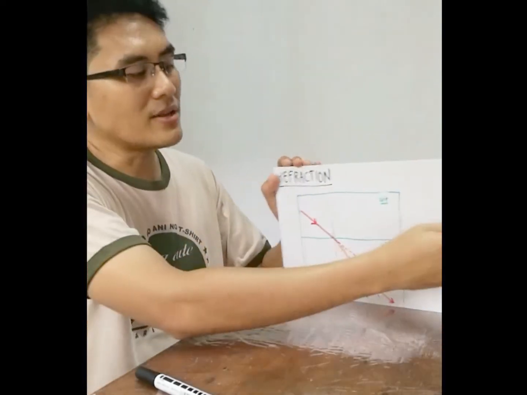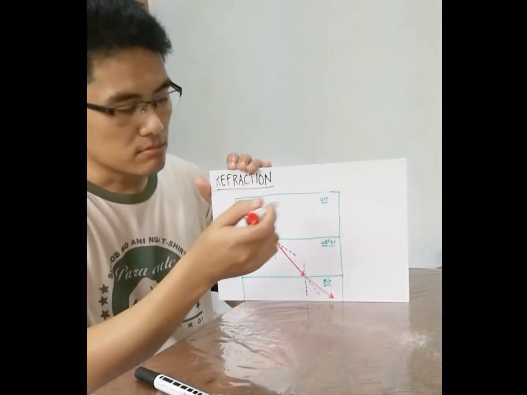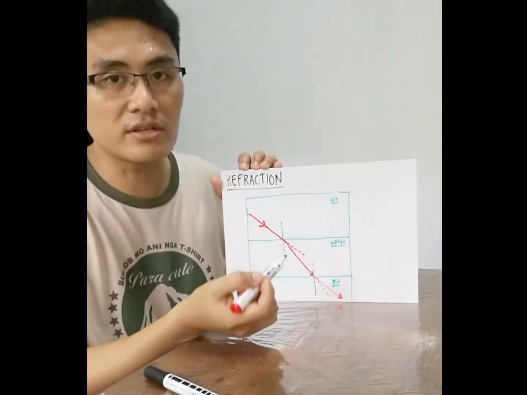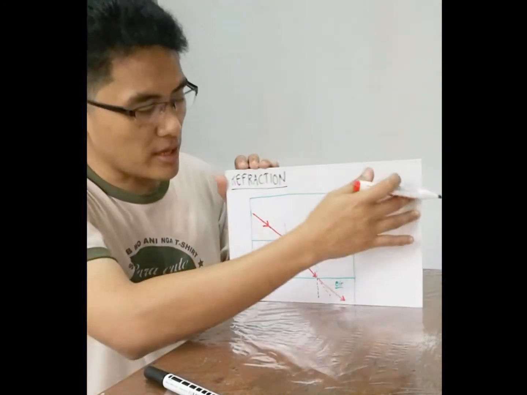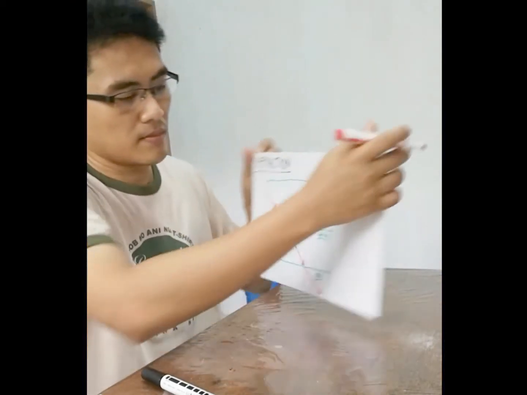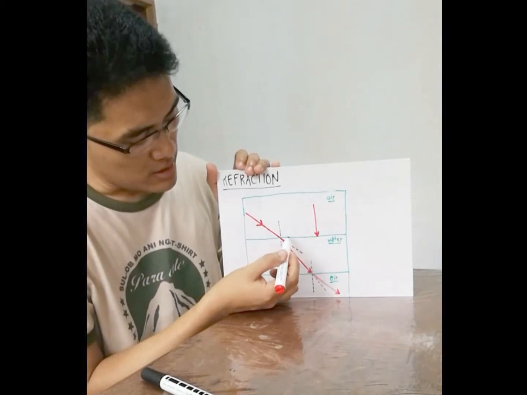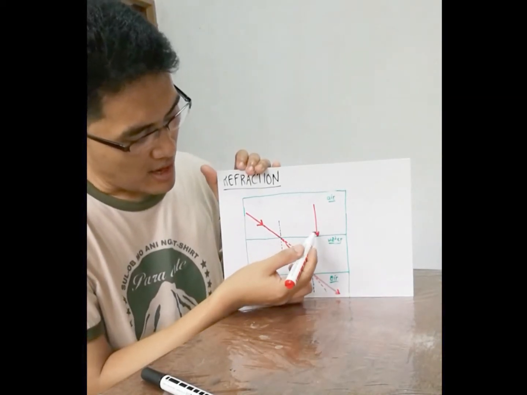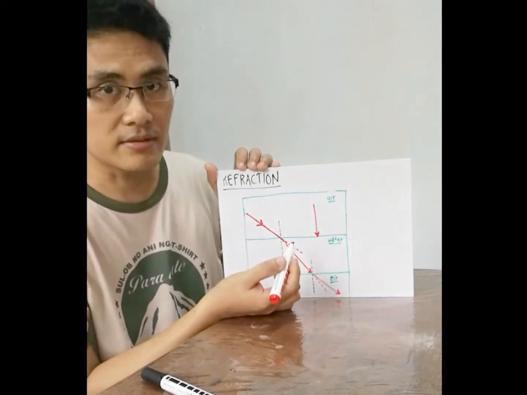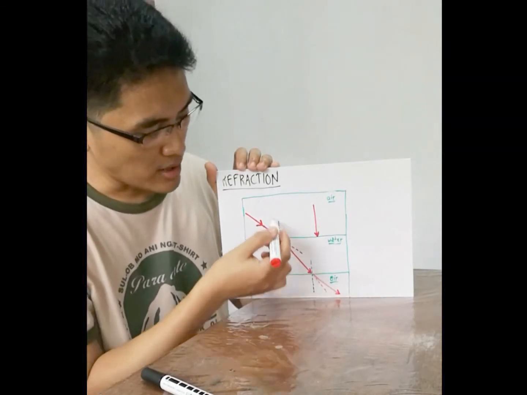Okay? So if you have a light ray that is moving straight, perpendicular to the boundary, parallel to the normal line, so like this, you have a light ray like this. Okay? So there's no angle. I mean, the angle between the boundary and that light ray is 90 degrees. And it's parallel to the normal line.